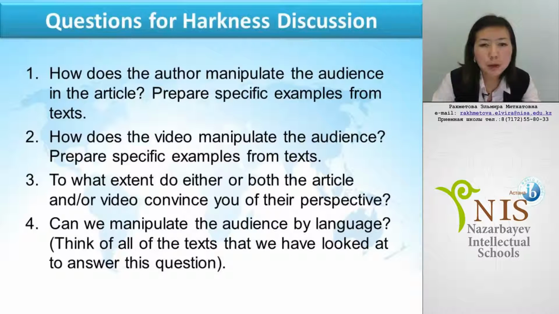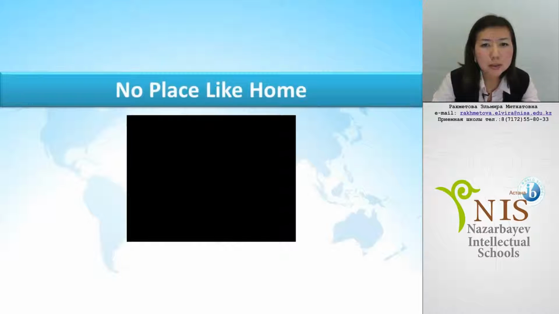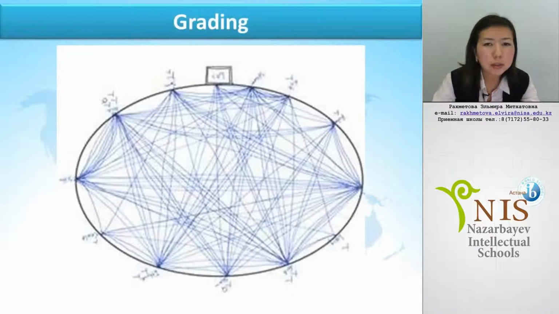So here we have also other appeals that the author used, and students have to identify them and use them during the discussion. And the next is Harkness discussion, our main activity.